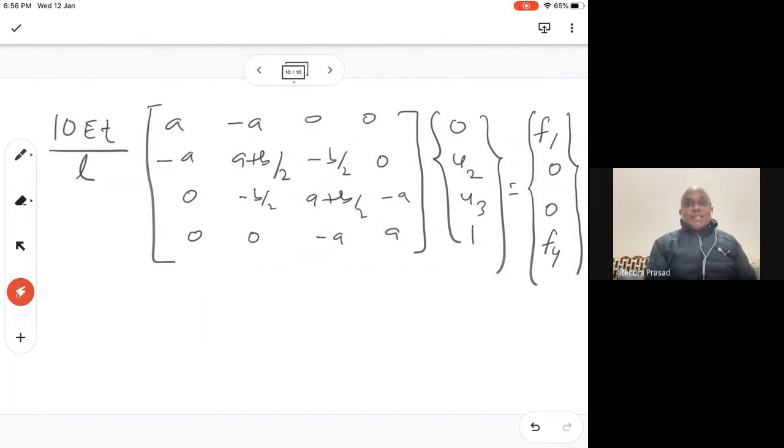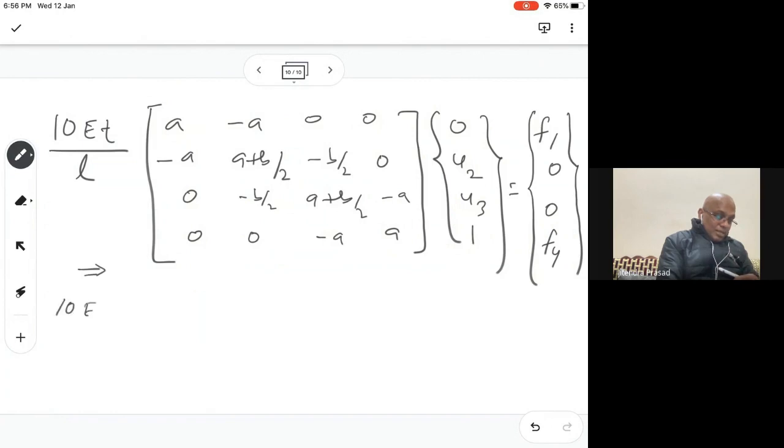So in that case, like last, if you see this, if you multiply this to this one, then the last one, whatever you multiply, so what I mean to say is like this. So yeah, same system, you can write it like this: 10 ET over L, right?